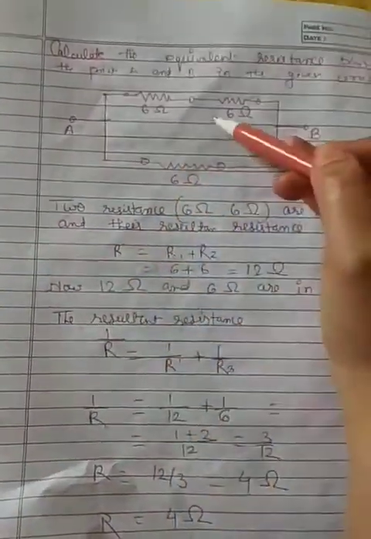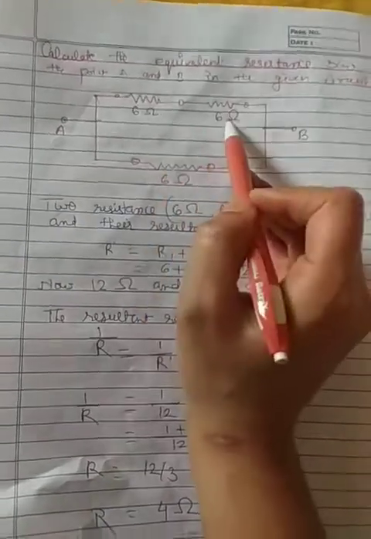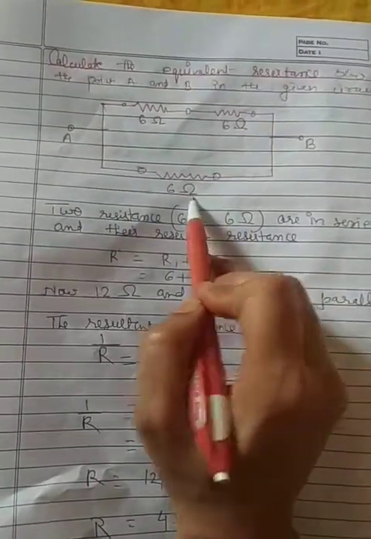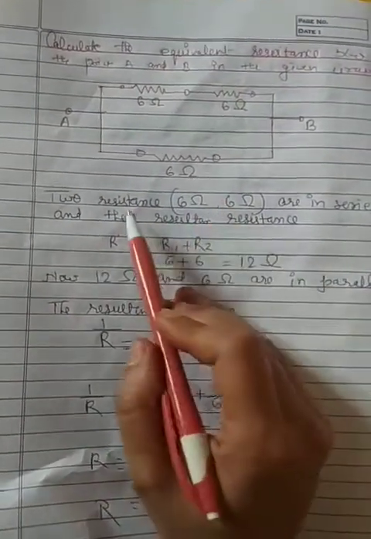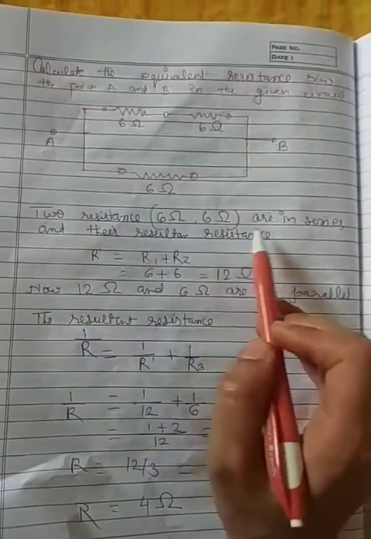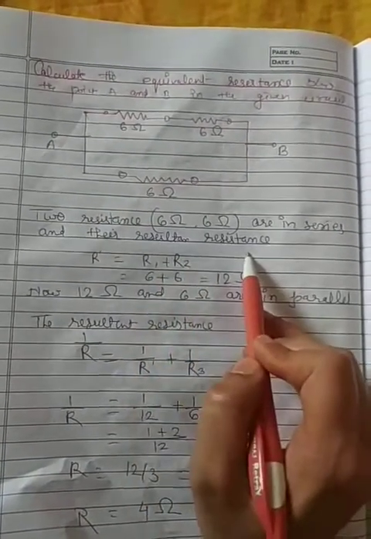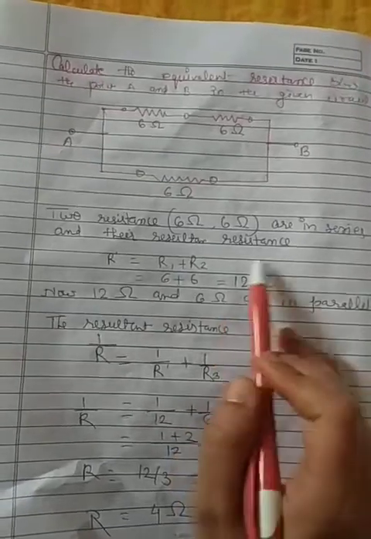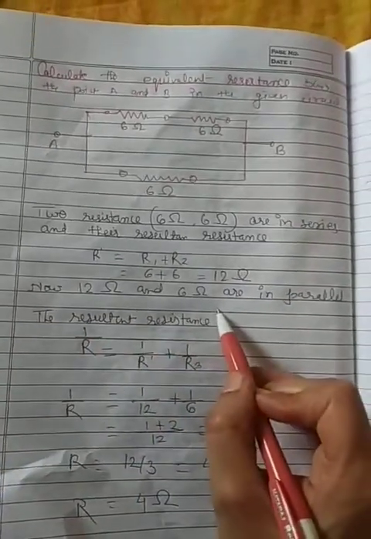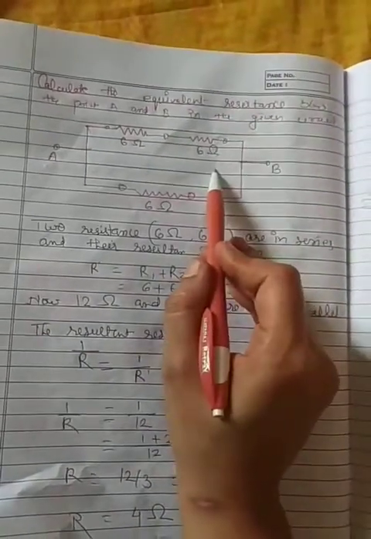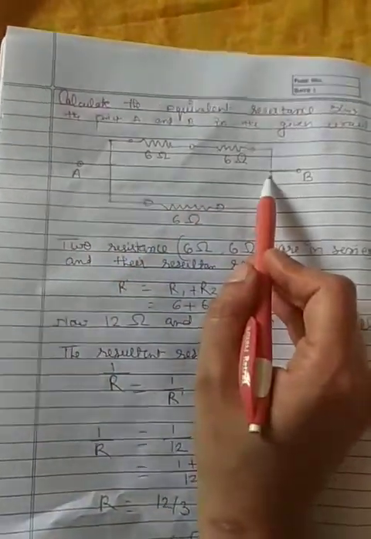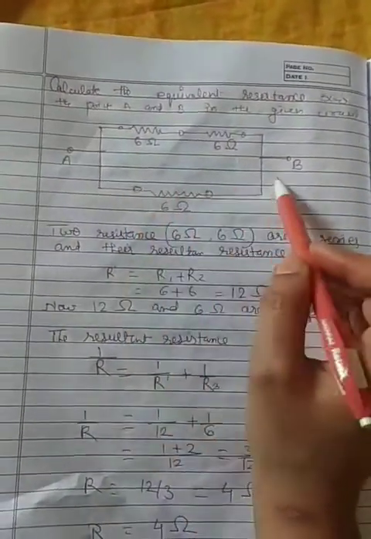Here they are in parallel, these two are in series, and this is parallel. Two resistances, 6 ohm and 6 ohm, are in series and their resultant resistance is 12 ohm. Now 12 ohm and 6 ohm are in parallel because it is separated from here, point A and point B.